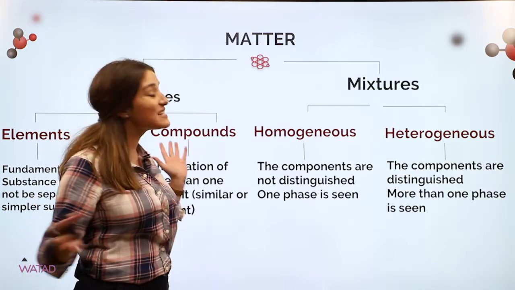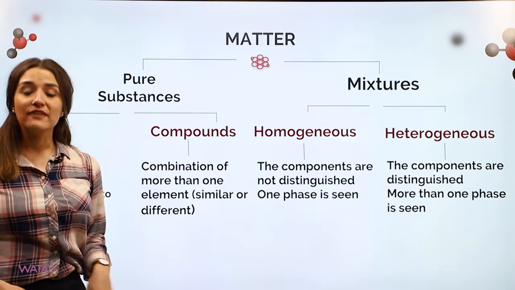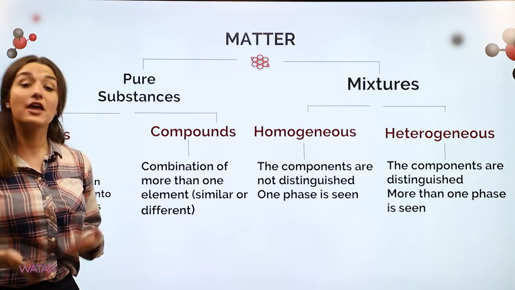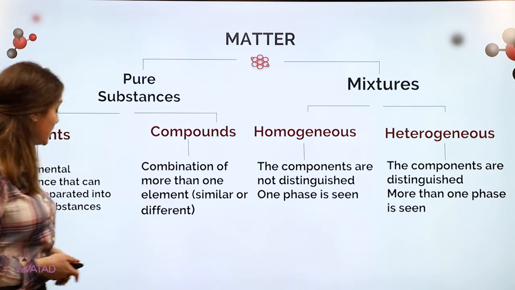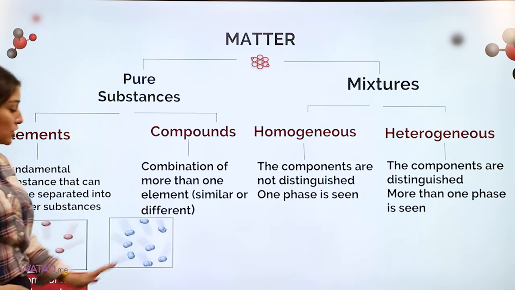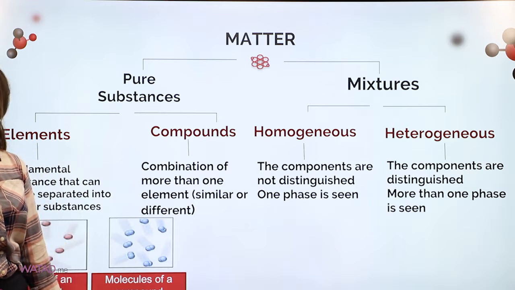But where do atoms stand in the whole story? All of these kinds of matter that we already discussed are made of atoms. They are made up of atoms of similar types or different types. Here, if we want to see the atoms in an element, we can see we have one type of atom in the element. When it comes to the compound, it can be a combination of different atoms, and they make the molecules of the compound.